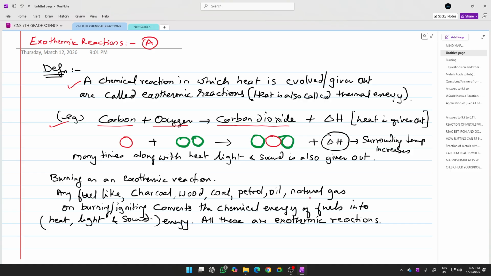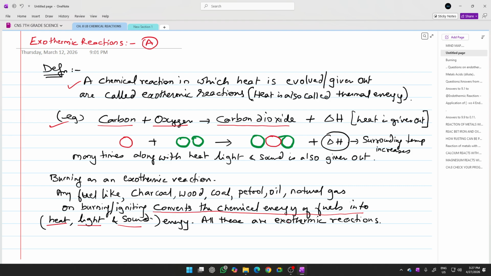Natural gas is a fuel in gaseous form. When you ignite these fuels, the chemical energy of the fuel gets converted into heat energy, in the form of light and sound. So whenever you burn any fuel, you will always see heat given out.